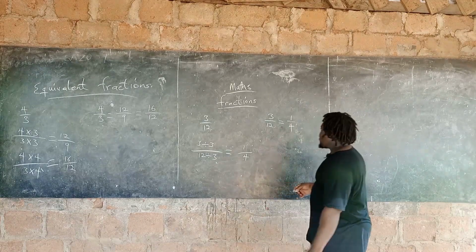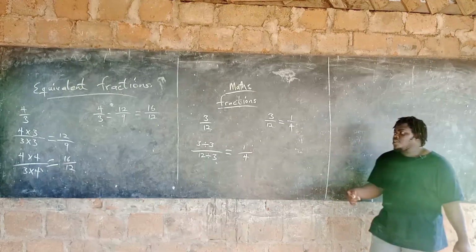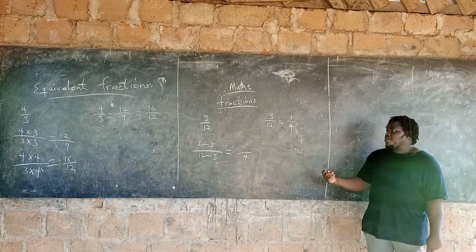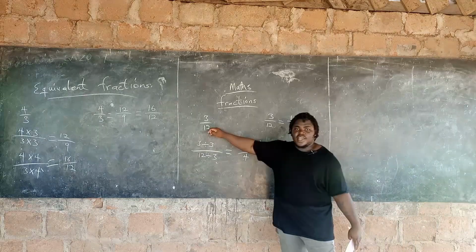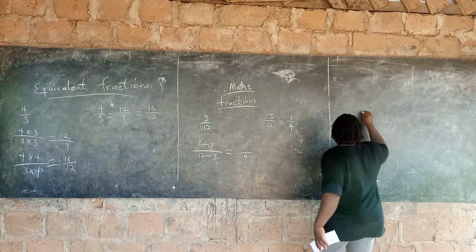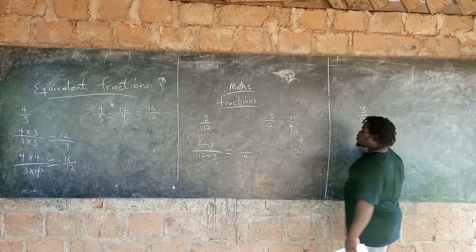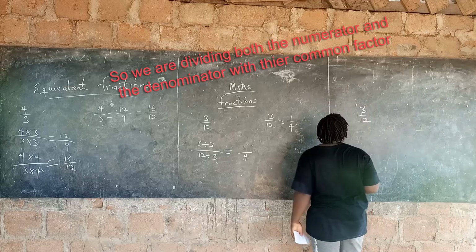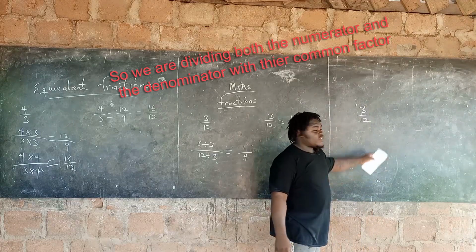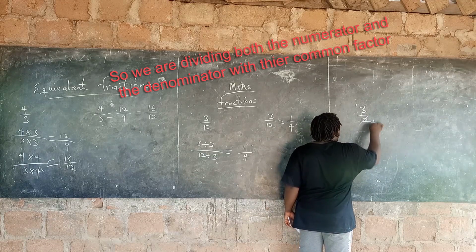Why? When you are solving questions containing fractions, for example, this one we are having here, 3 over 12, what you do is that you cancel the 3 and write 1 over here, because 3 to itself is 1, and then 3 into 12 is 4.